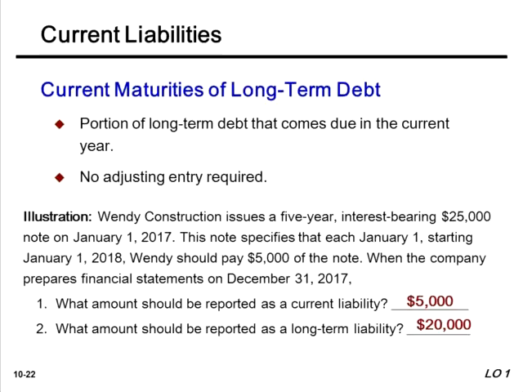When the company prepares financial statements on December 31st, 2017, what amount would be reported as a current liability? And it would be $5,000 because that $5,000 has to be paid within the year. And then the remaining $20,000 would be included as a long-term liability.